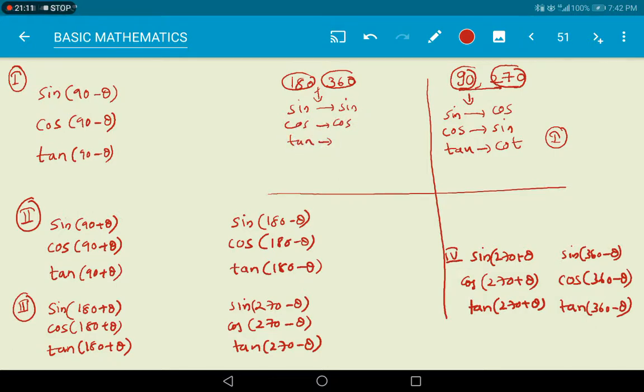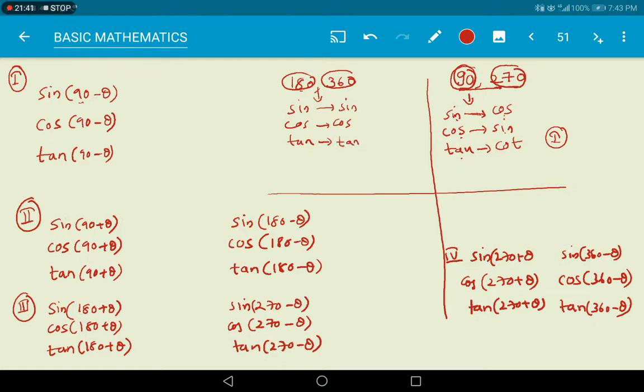So I am giving the information that when the base plus some angle, so 90 and 270 angles are involved, then functions are going to change. Sine becomes cos, cos becomes sine, tan becomes cot. If even angles are there, 180 or 360 involved, there is no change in the function, so tan becomes tan itself.